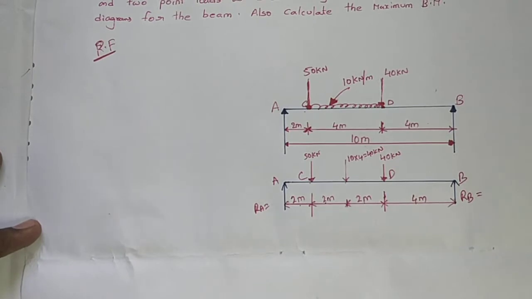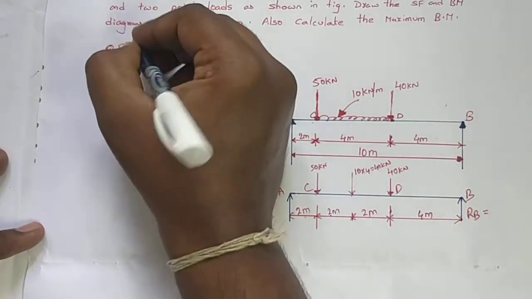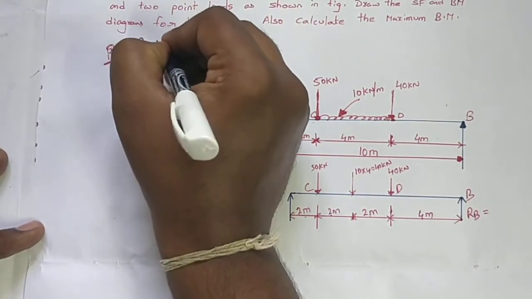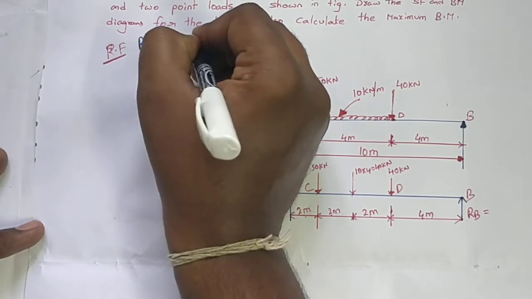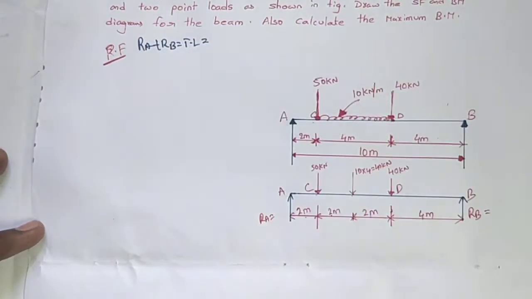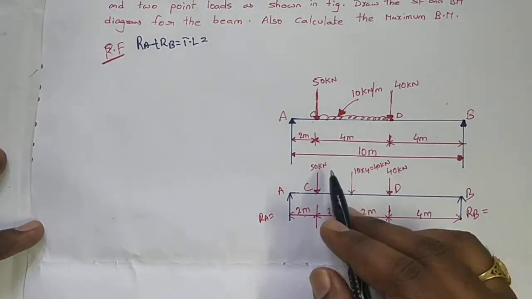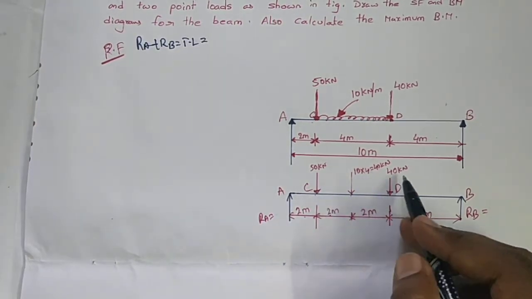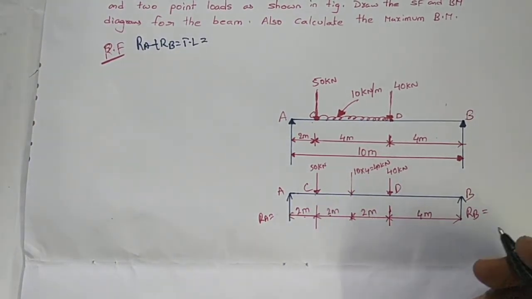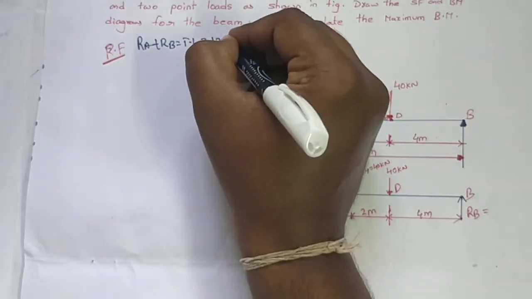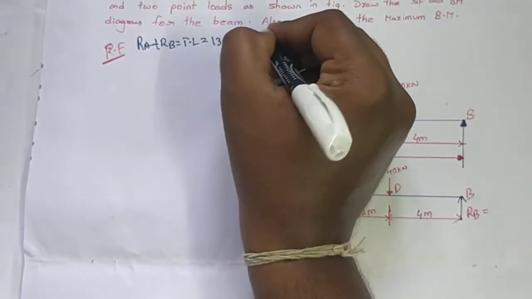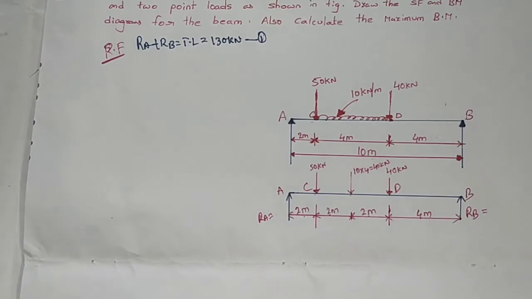We know the condition that RA plus RB equals the total load acting on the beam. The total load acting on the beam is 50 plus 40 plus 40, that is 130 kilonewtons. It is equation 1.